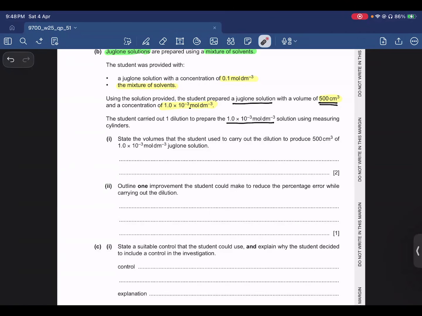Yeah, sure, take your time. Will we use C1 V1 equals C2 V2?